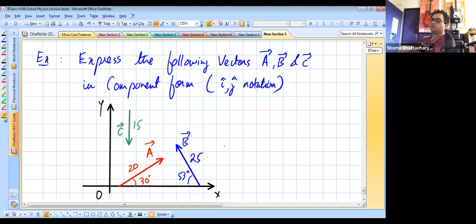So hope this is clear so far. Anybody got the answers for A's components? How much is the x component? How much is the y component?